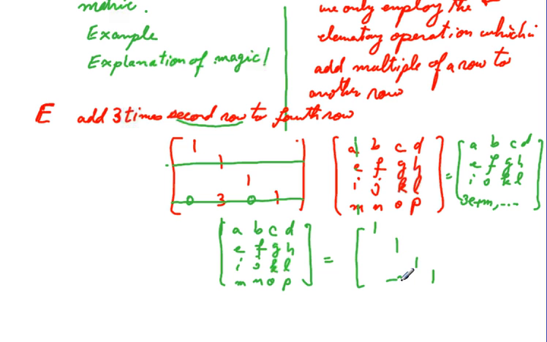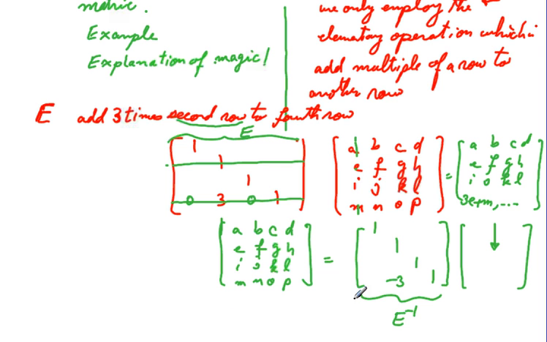The inverse is simply to undo the process. So that matrix constitutes E inverse. Whatever E you had here, this was the E. Its inverse, in this case, is obtained by just taking that number and turning it into negative.